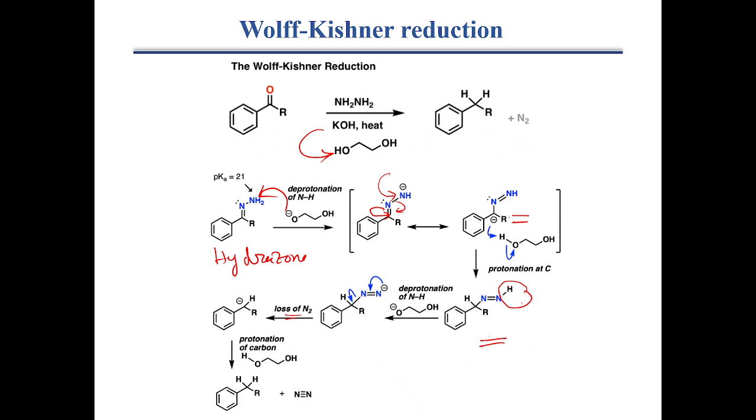Removal of nitrogen increases the entropy of the system, so due to the increase of entropy, the reaction proceeds further. Now a negative charge forms after denitrogenation. Nitrogen is removed, and now this is protonated in presence of any protic solvent or proton source, giving this kind of alkane and nitrogen as a side product.